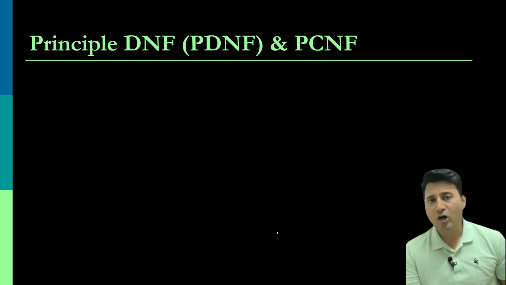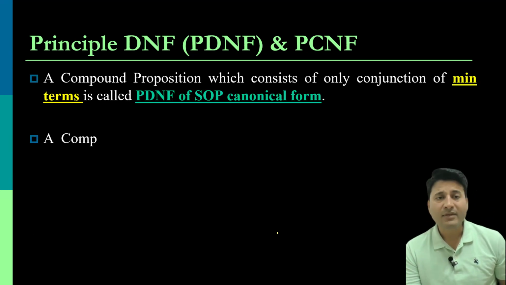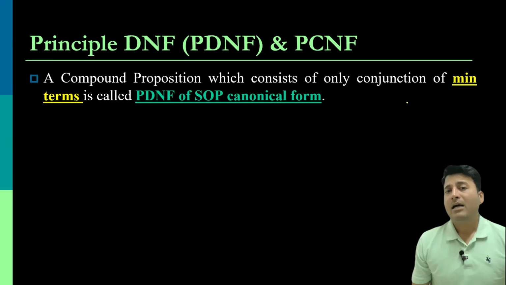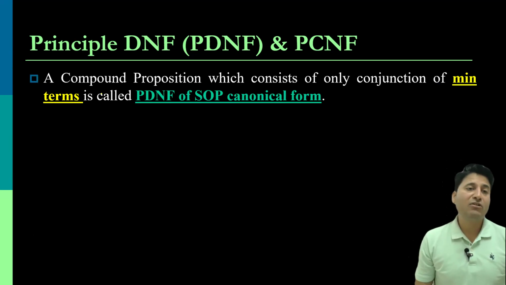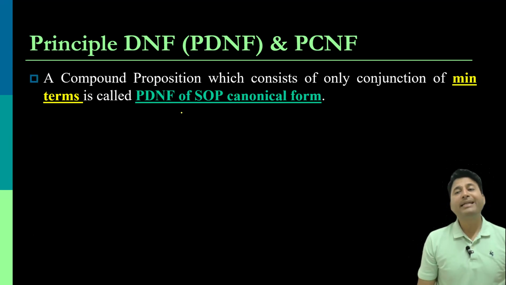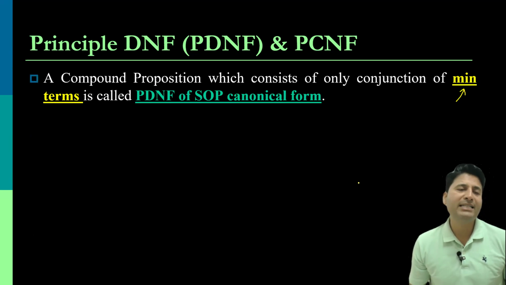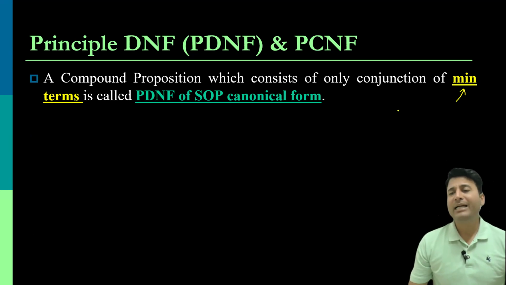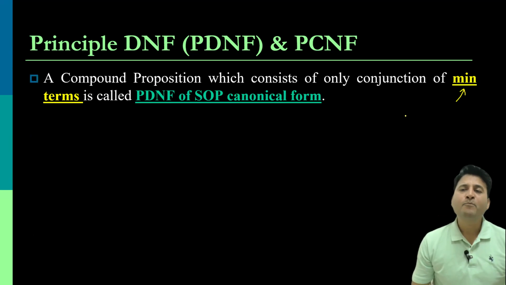In DNF, it's not mandatory that every variable should be there. Now, a compound proposition which consists of only a disjunction of min terms is called PDNF. Now there's one new term which comes over here called a min term. So in PCNF and PDNF, we mainly talk about min term and max term.